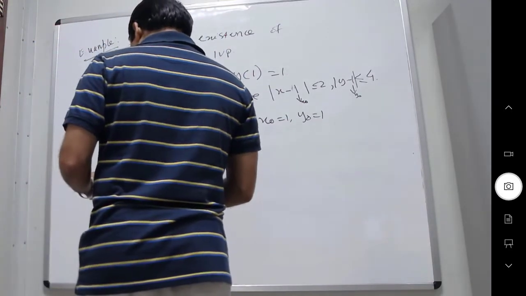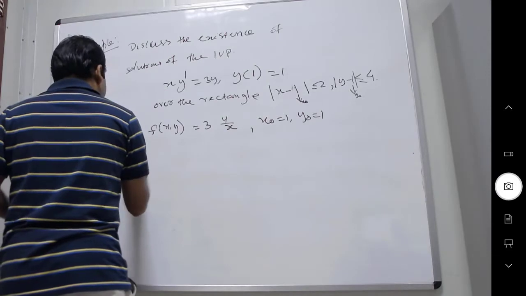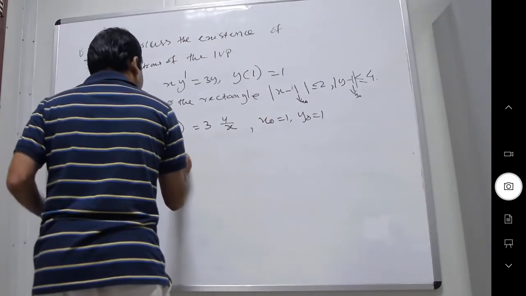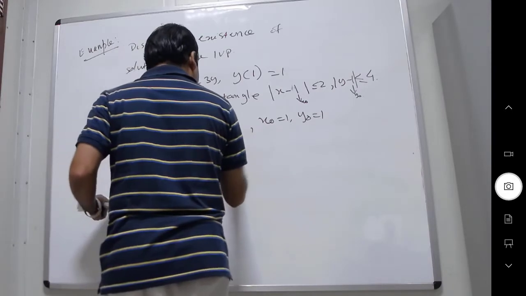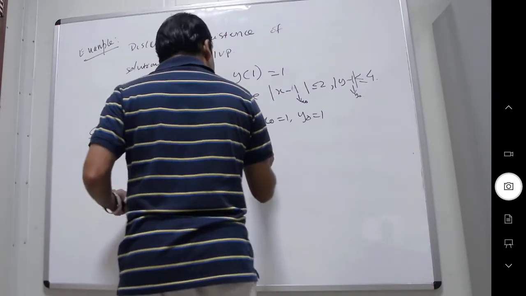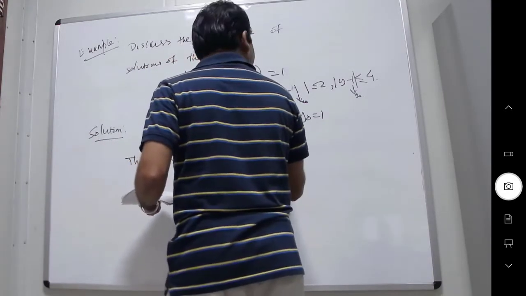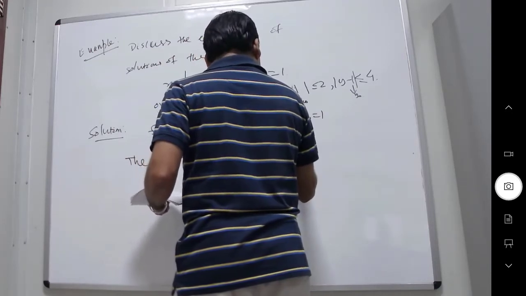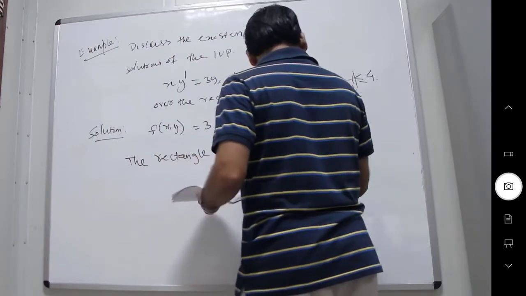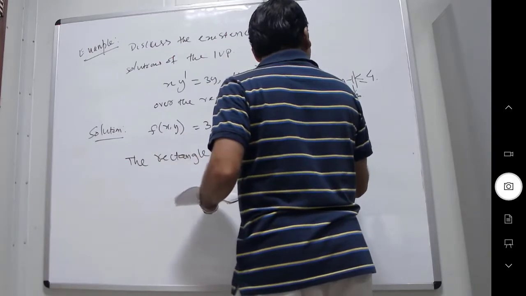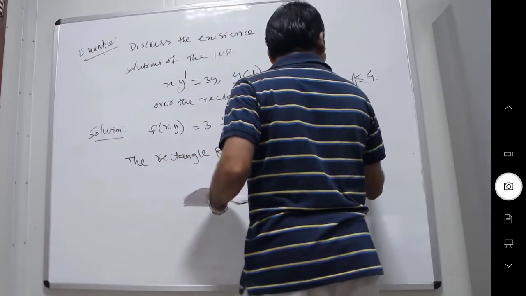Okay, so the rectangle: modulus of x minus 1 is less than or equal to 2, and modulus of y minus 1 less than or equal to 4.